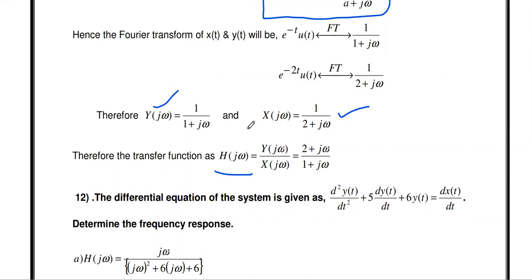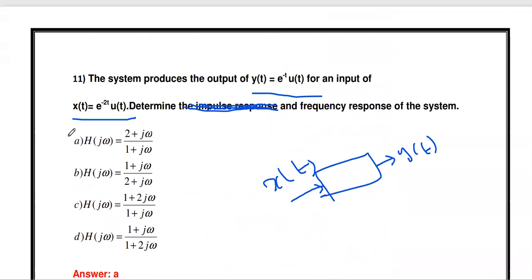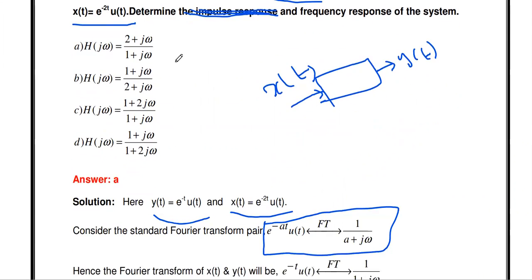You just take the ratio of these two: 1 by 1 plus j omega divided by 1 by 2 plus j omega. So the answer is 2 plus j omega by 1 plus j omega. This is the frequency response. So the answer A is the answer.